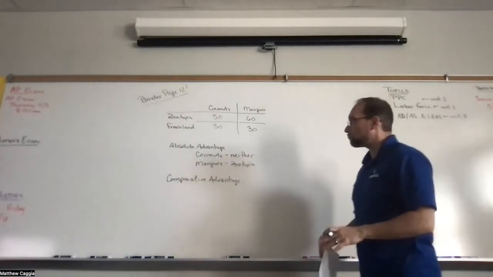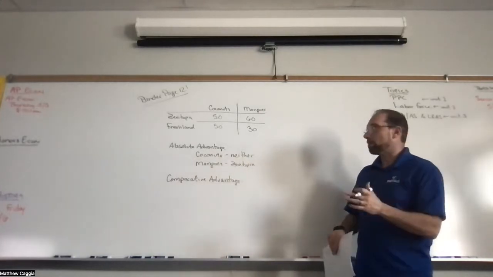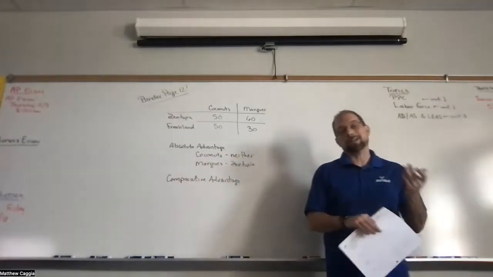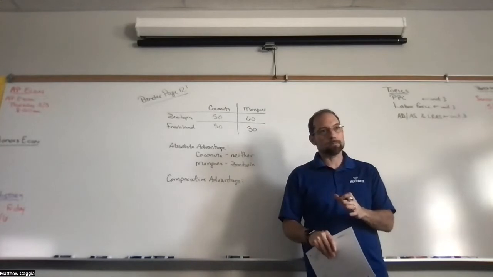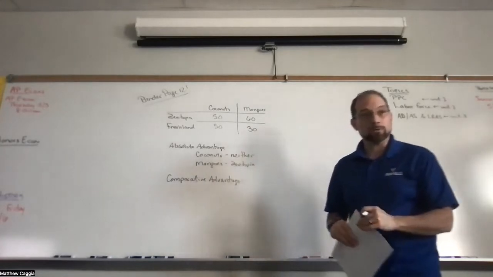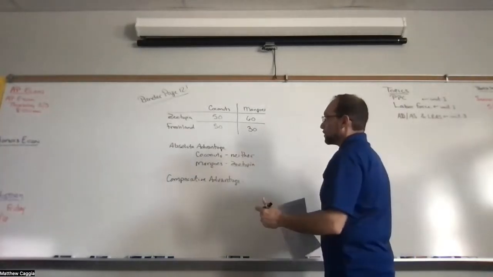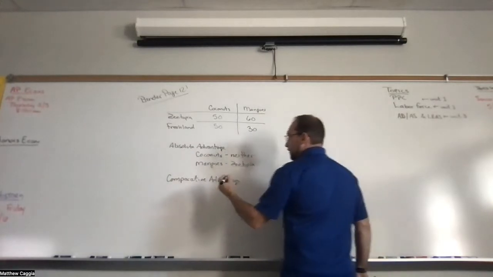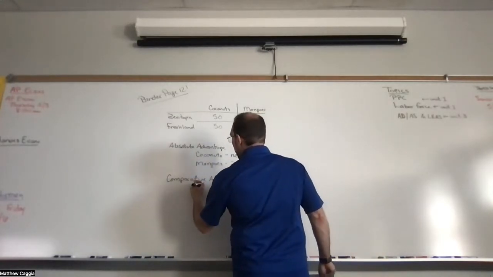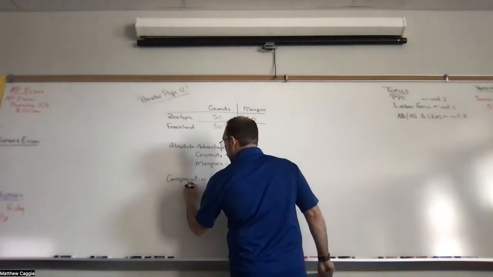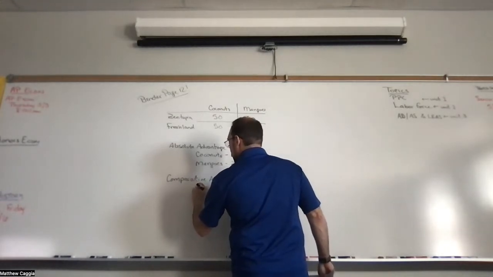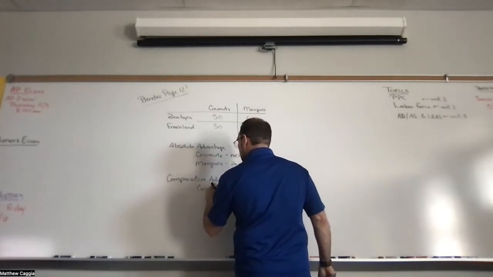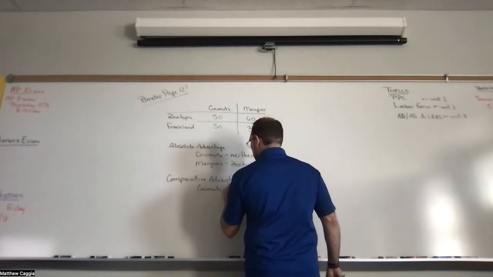If we do this right, we find that one will have a comparative advantage in coconuts and the other in mangoes. The question is, how do we do that? We have to look at this ratio. We're going to make comparative advantage ratios for coconuts to mangoes.